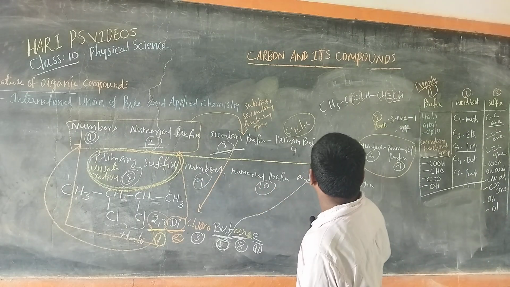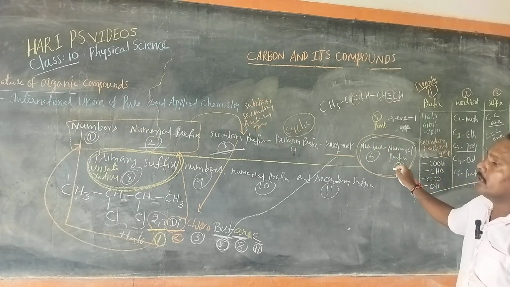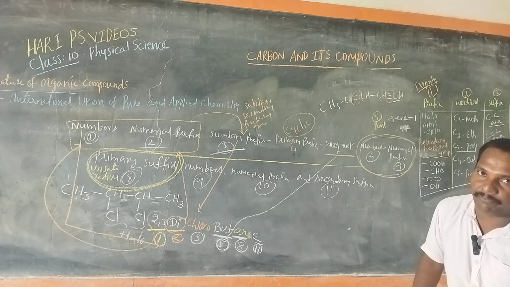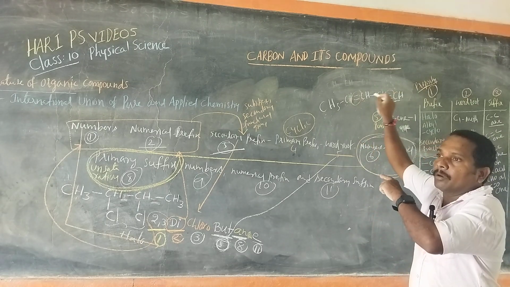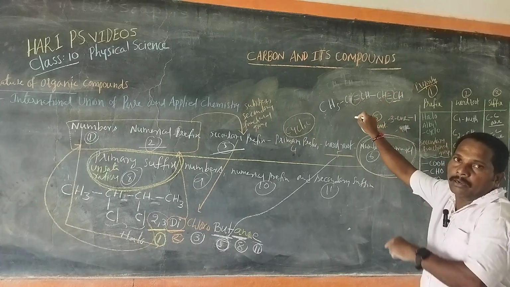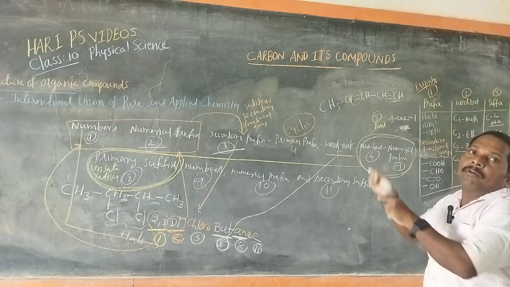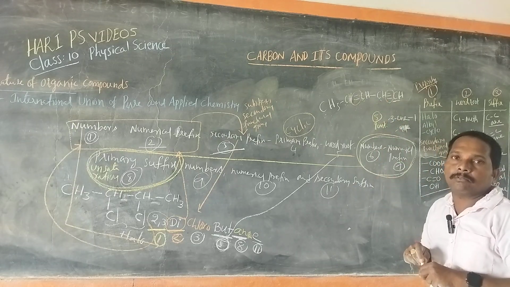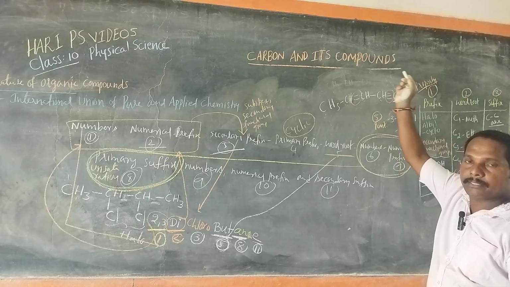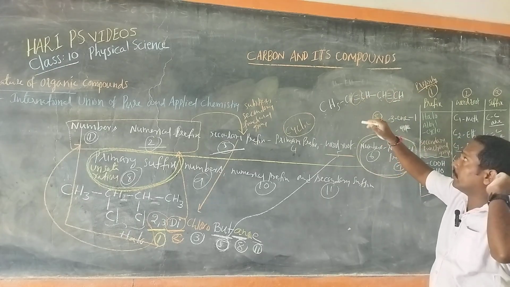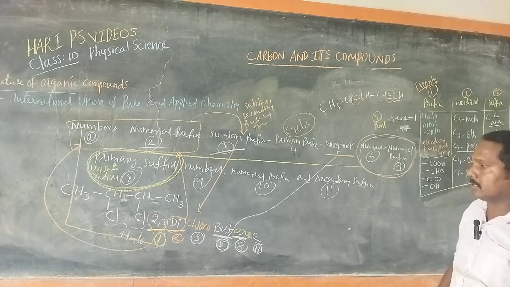This 6 and 7 is related to the primary suffix. If any compound has unsaturation, either double or triple bonds, you write how many there are and which carbons have them, like this.